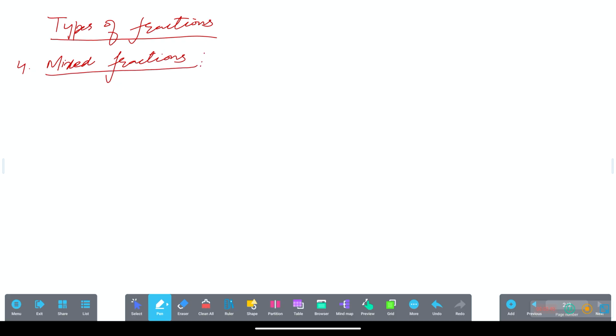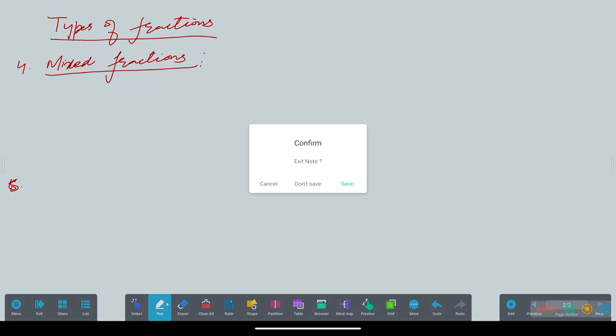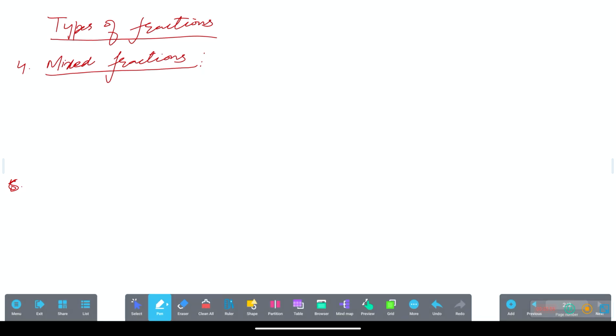And with that, I will add one more thing, the 5th one, sorry: equivalent fractions. Let us first discuss these 2 types of fractions.